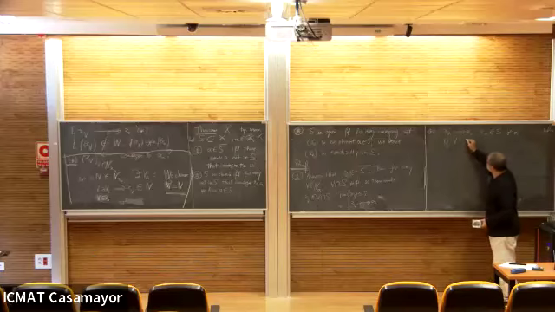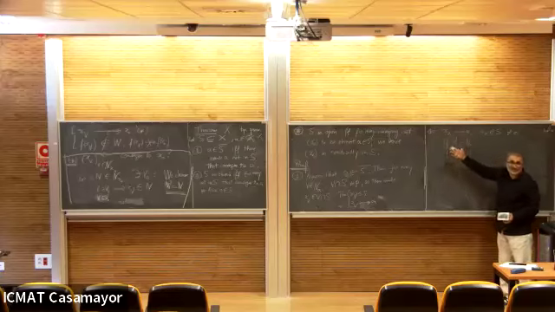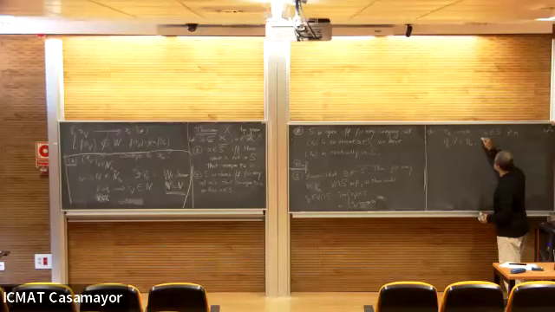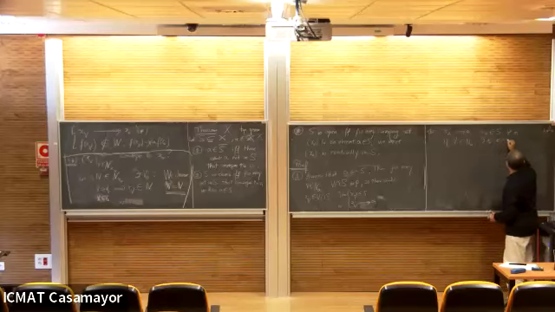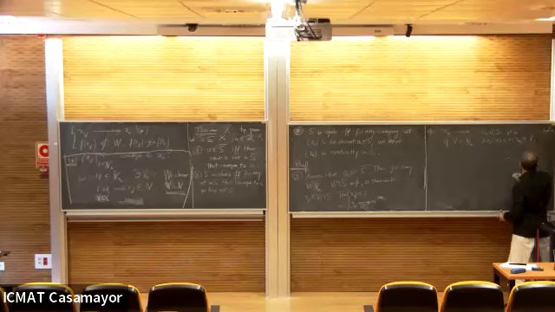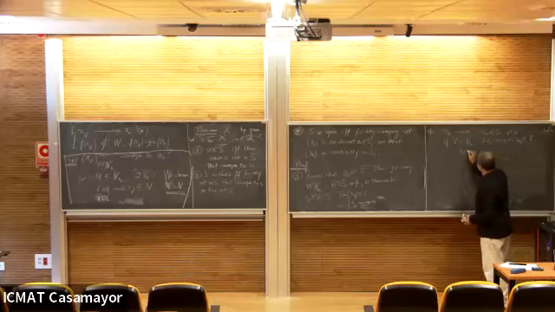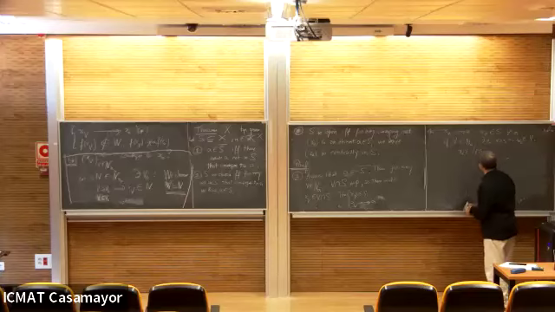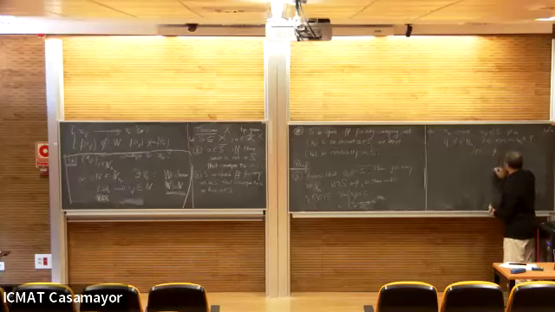If you take a neighborhood V of A, then the net is eventually in this neighborhood. So there exists alpha 0 such that alpha more or equal than alpha 0 implies x alpha belongs to V, but then x alpha 0 belongs to V and S. So the intersection is not empty.